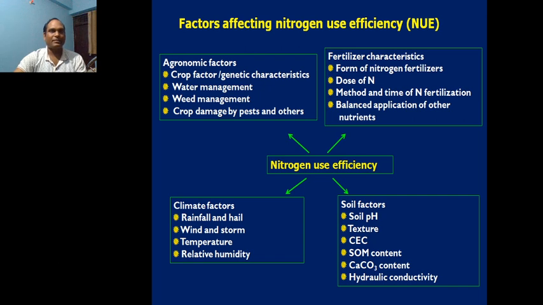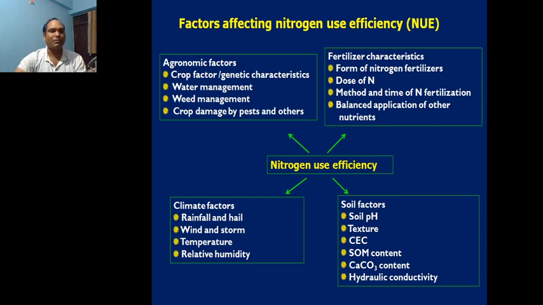What are the factors affecting nitrogen use efficiency? One is agronomic factors like crop factor, water management, weed management, crop damage by pest and others. These are also controlling the crop yield. Fertilizer characteristics such as forms of nitrogen, dose of nitrogen, method and time of nitrogen fertilization, and overall the balanced application of all essential nutrients is the major concern.